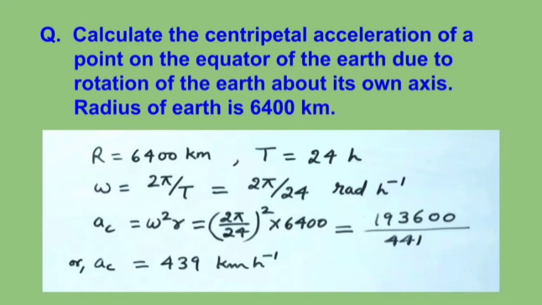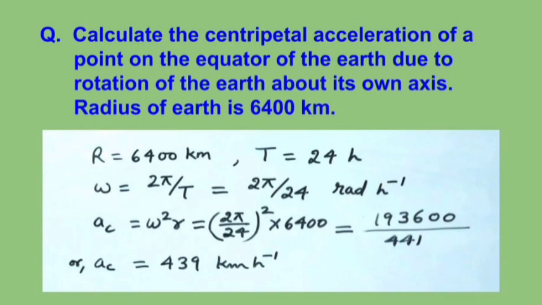Next is question number 3. Calculate the centripetal acceleration of a point on the equator of Earth due to rotation of the Earth about its own axis. Radius of Earth is 6,400 kilometers. Here, r is equal to 6,400 kilometers, t is equal to 24 hours, as omega is equal to 2 pi by t.